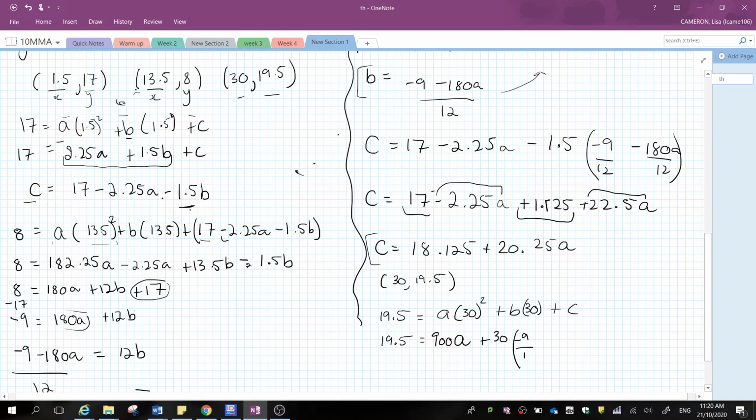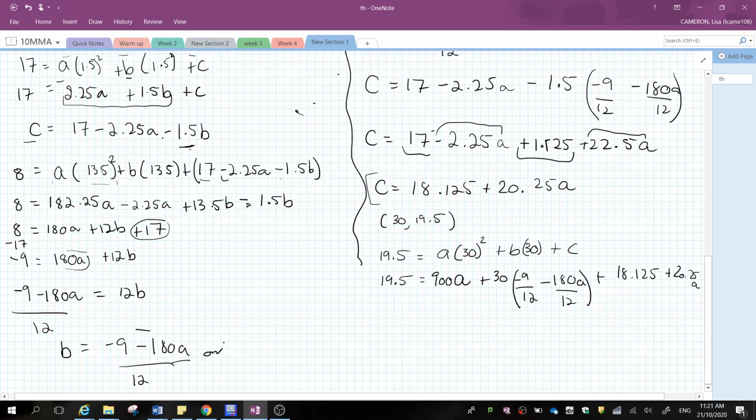Minus 9 over 12 minus 180a over 12 bracket plus C is 18.125 plus 20.25a. Okay.